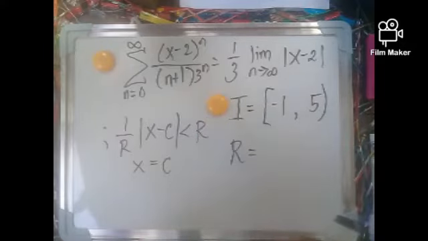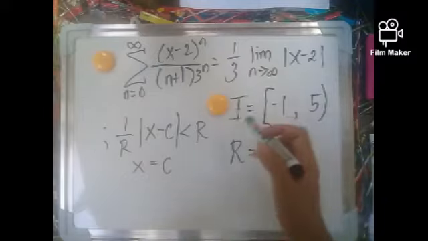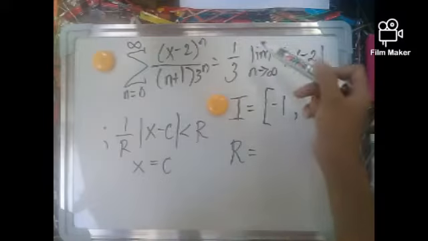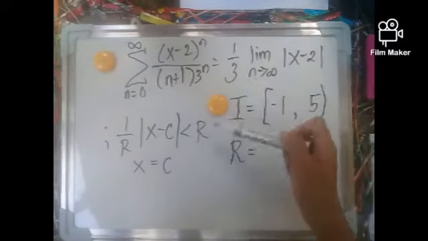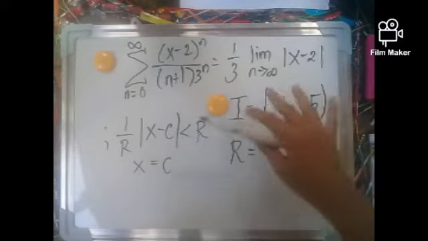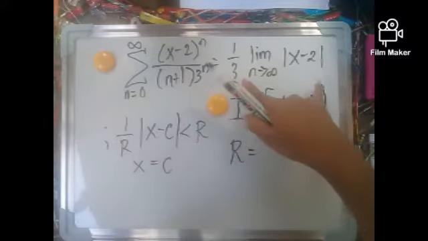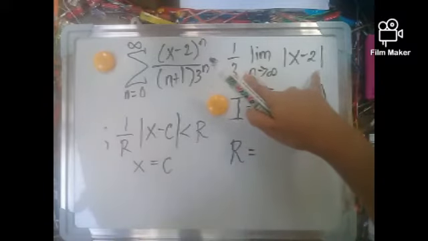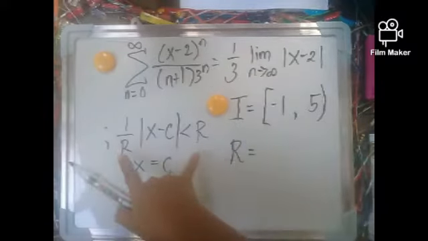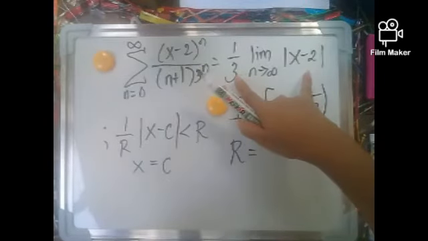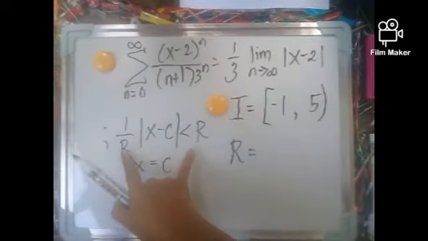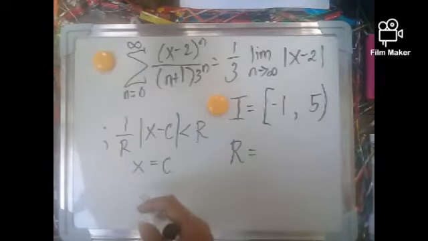And then our radius here will be equal to, so this is what we got. The answer will look like this, isn't it?